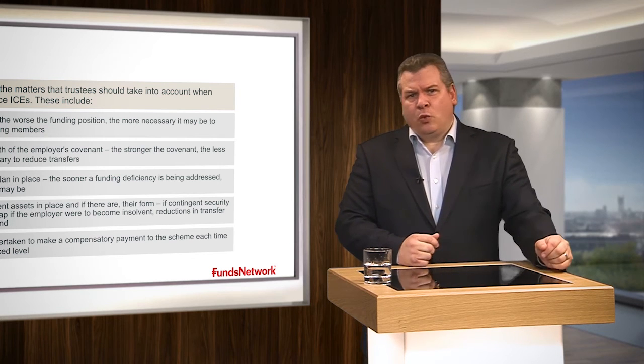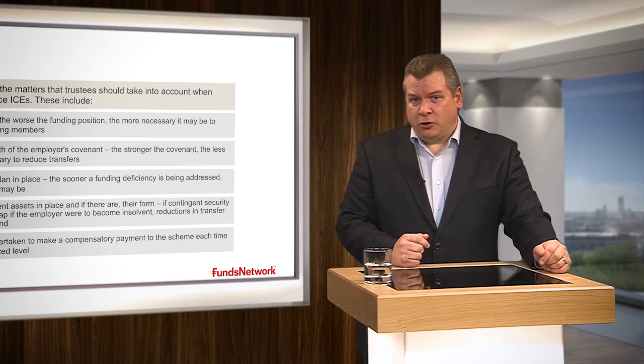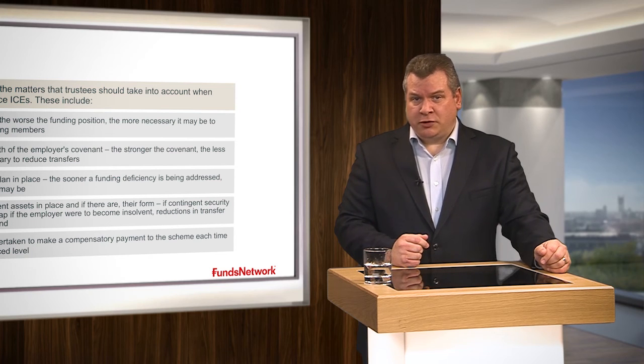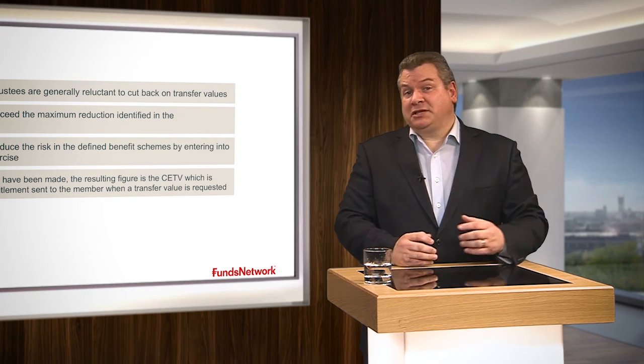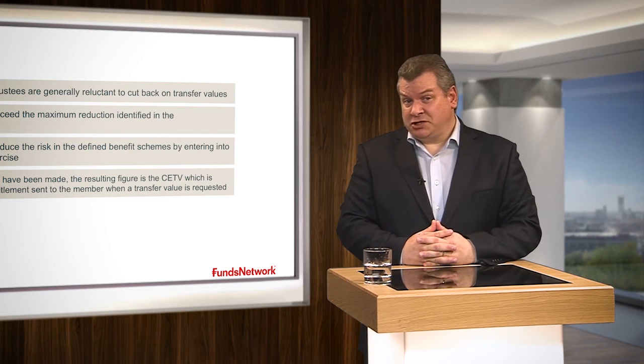On the other hand, where there are concerns about the employer's covenant over the term of an agreed recovery plan, trustees should consider reductions in order to provide similar security to those transferring as to those remaining as members. In practice, however, scheme trustees are generally reluctant to cut back on transfer values. Reductions to ICEs must not exceed the maximum reduction identified in the insufficiency report.